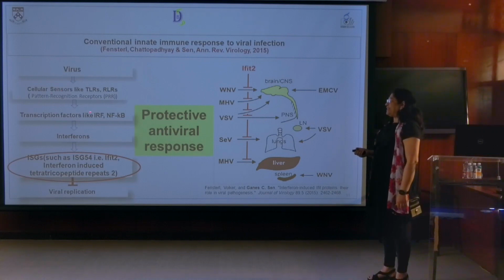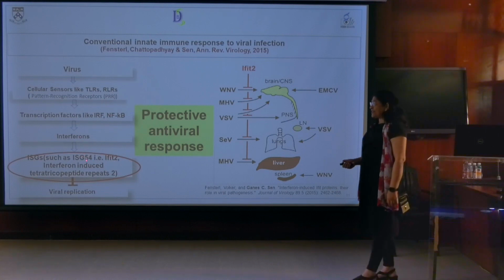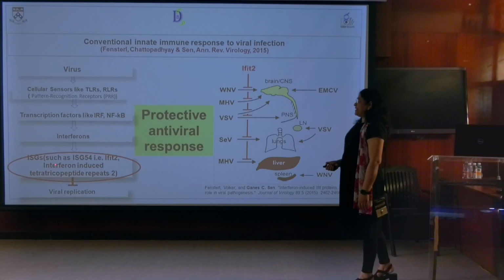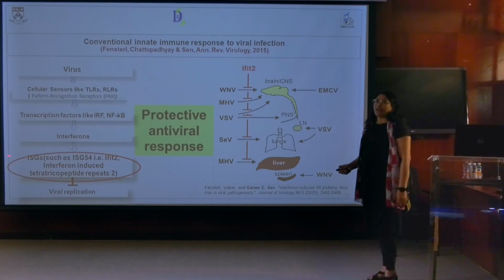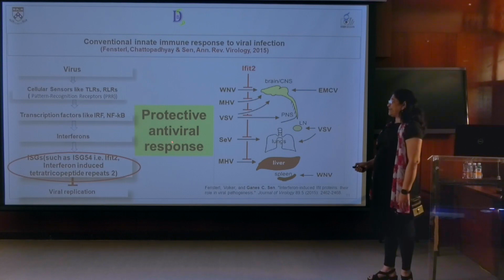They get activated and activate the transcription factors IRF and NF-kappa B, and they induce interferon. Interferon induces several interferon-stimulated genes, including Ifit2, and this is translated into IFIT2, interferon-induced tetratricopeptide repeat protein 2, and this protein has a protective antiviral response.